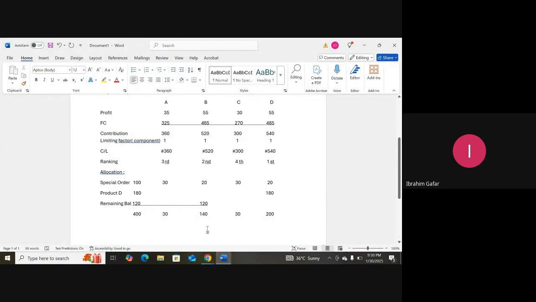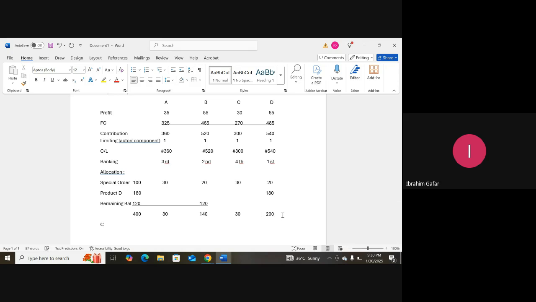We've already got our optimal production mix. Then the next thing is to calculate whether there's a profit or loss.